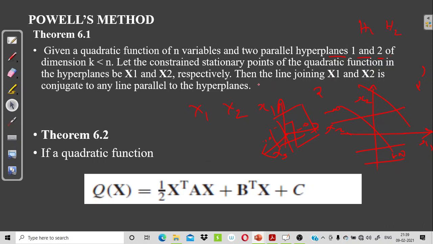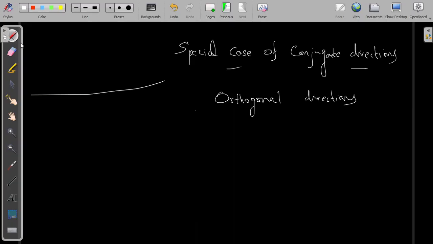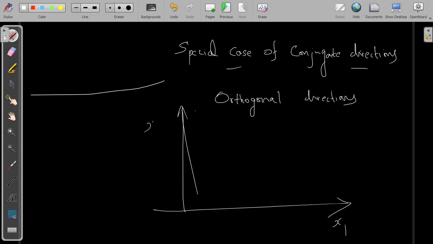So yes, for example, in the case of a two-dimensional space, let me draw the two-dimensional space with x1 and x2 axes like this, and we are considering two parallel hyperplanes.